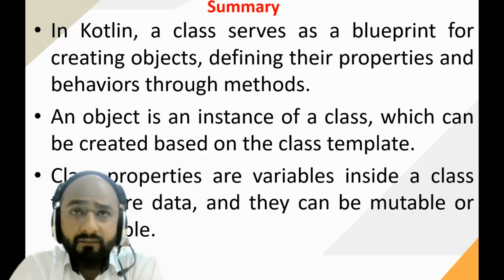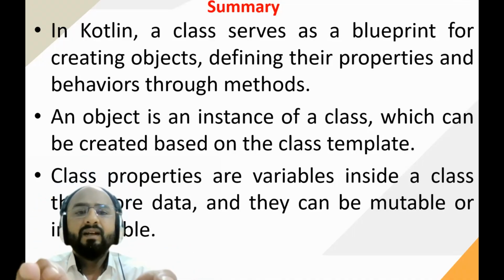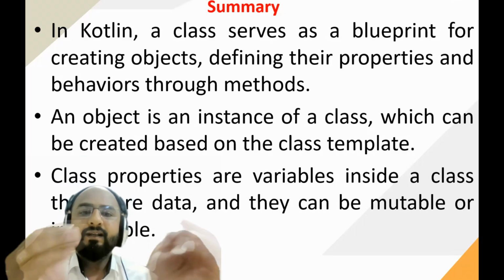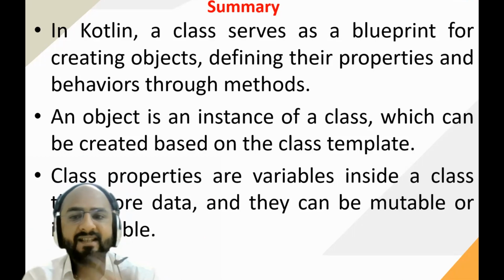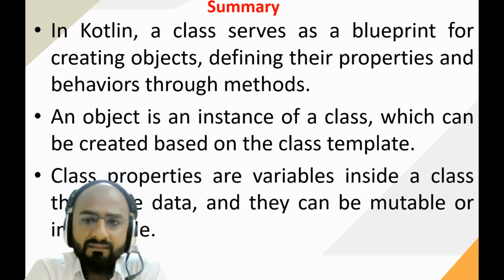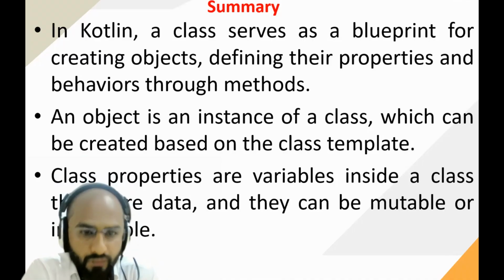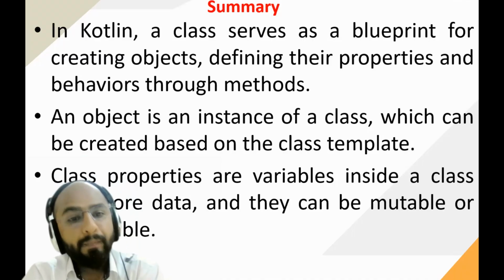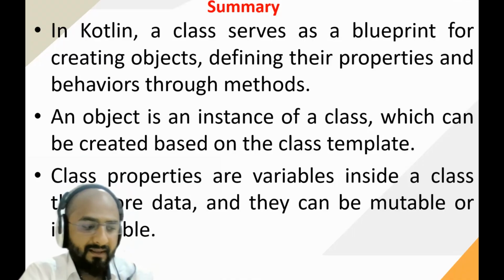So as we understand now, a class is the blueprint of the object. A class has properties, and a class has methods, okay, so behavior and functioning. An object is an instance of a class which can be created based on the class template. So an object is the instance of the class, and a class is the blueprint of the object which can be created based on that particular class template.